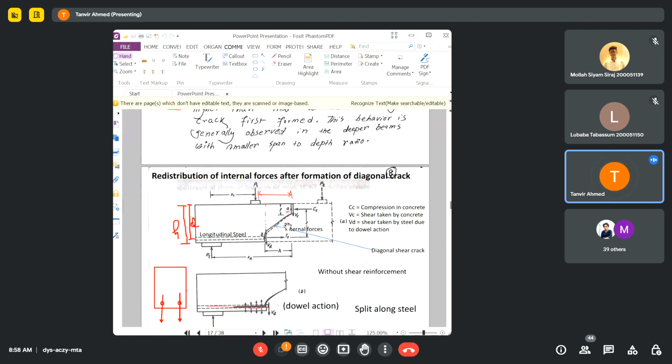Similarly, if the diagonal crack moves upward, obviously the compression block will also become narrower, and the result will be that the neutral axis will move upward as well.